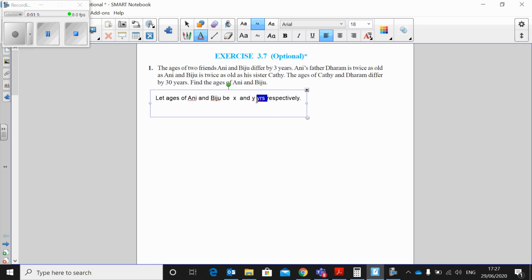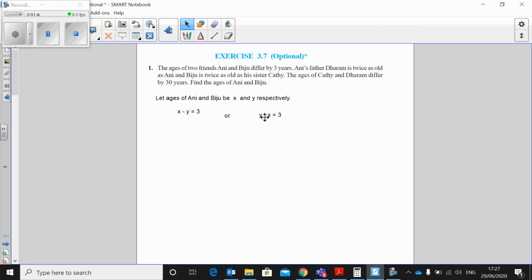If they differ by 3 years, that means either Annie is elder than Biju or Biju is elder than Annie. So we will get either X minus Y is equal to 3, or another equation, Y minus X is equal to 3. We are getting two equations here.